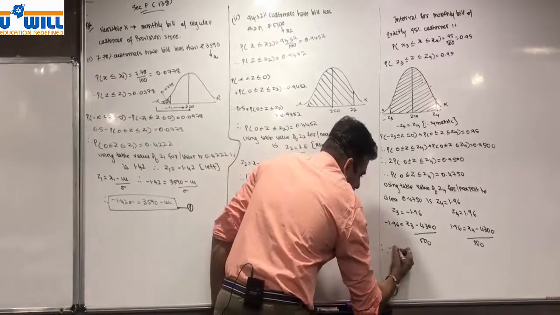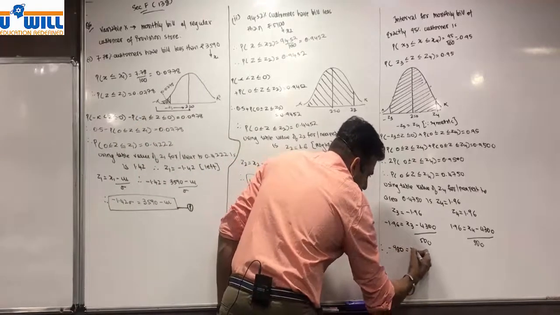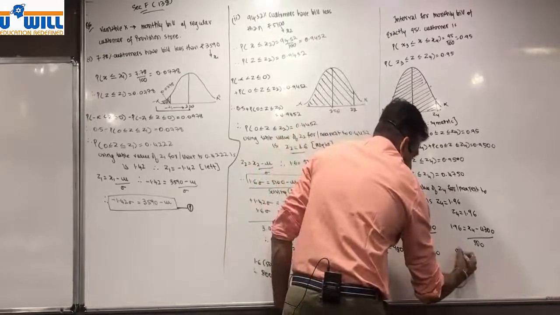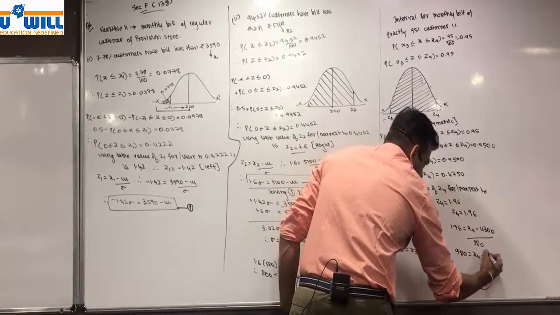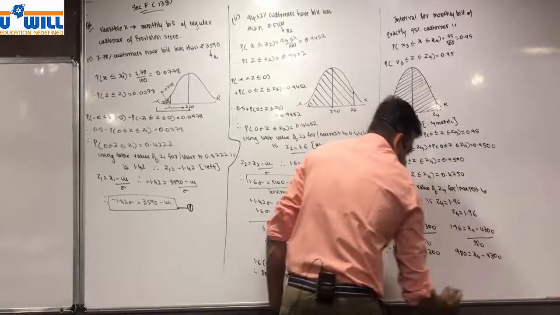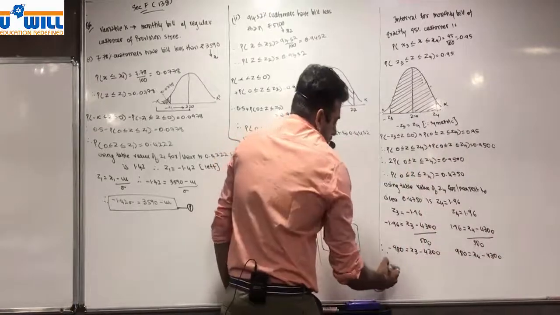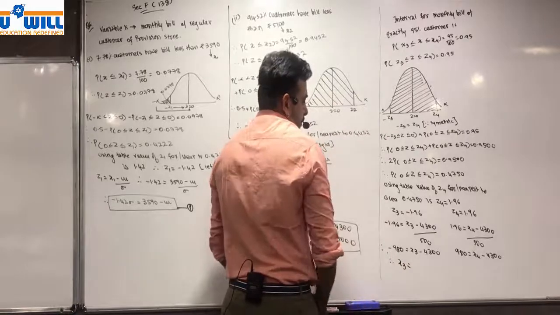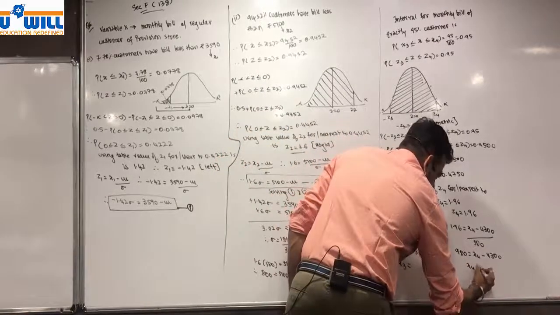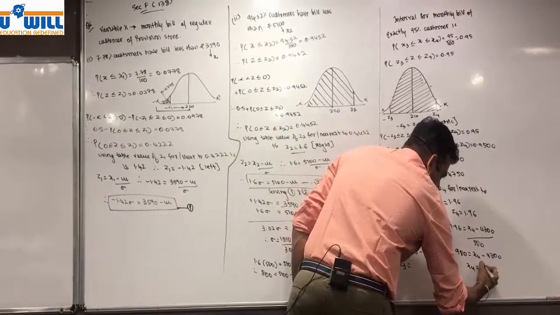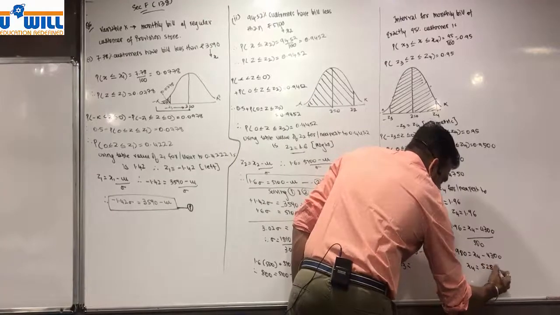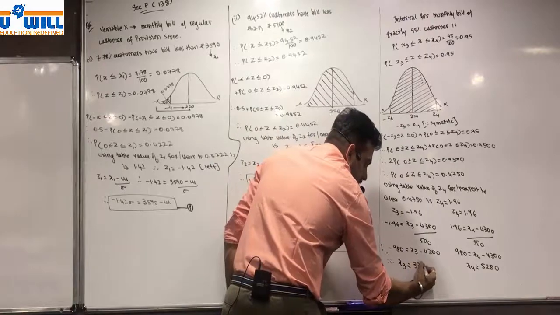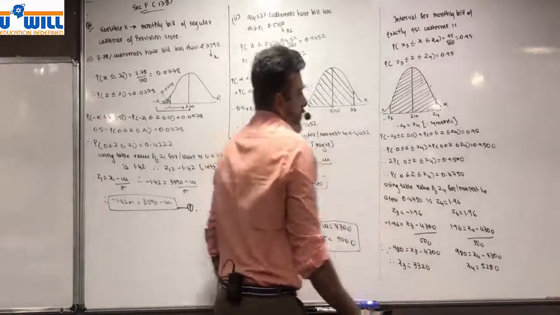So minus 980 is equal to x3 minus 4300, and plus 980 is equal to x4 minus 4300. Therefore, x4 is equal to 5280 and x3 is equal to 3320.